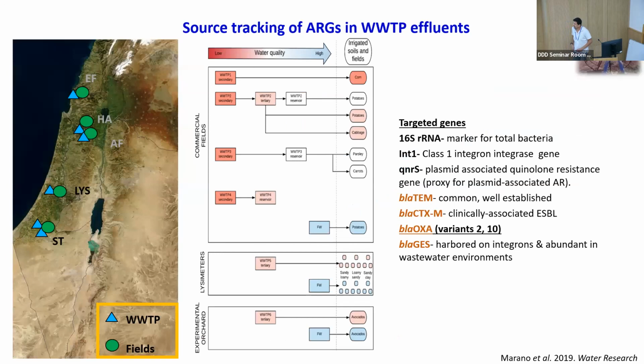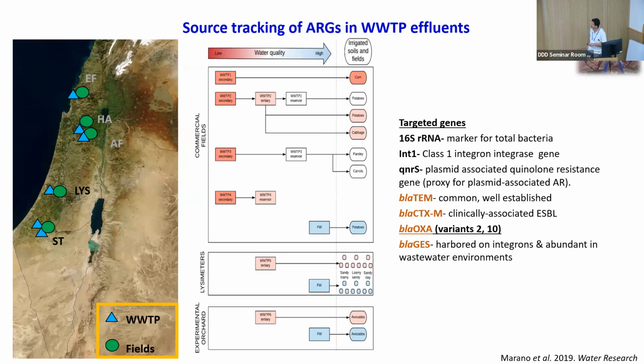So I'm going to touch on a number of studies that have been done in the lab. The first was by Roberto Marano, who was a PhD student, and he used a solely culture-independent platform where we targeted a number of different antibiotic resistance genes, selected based on specific criteria that I won't go into here.